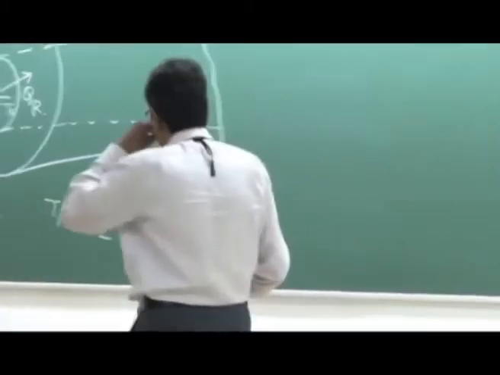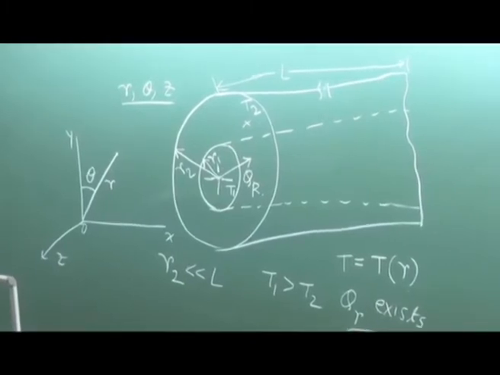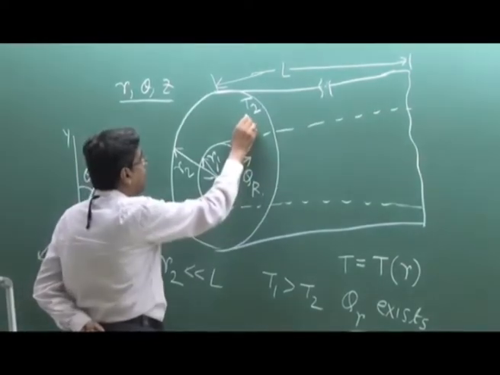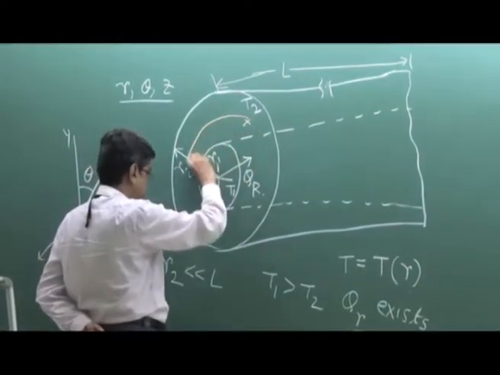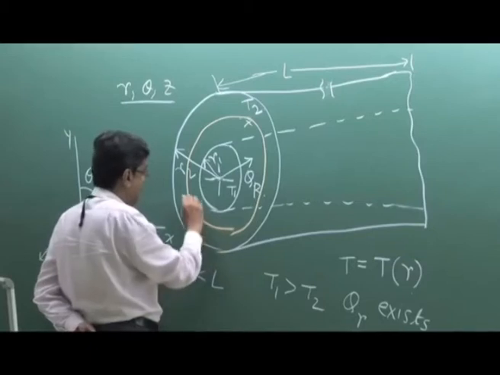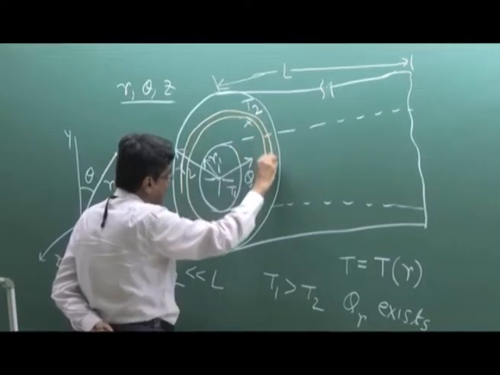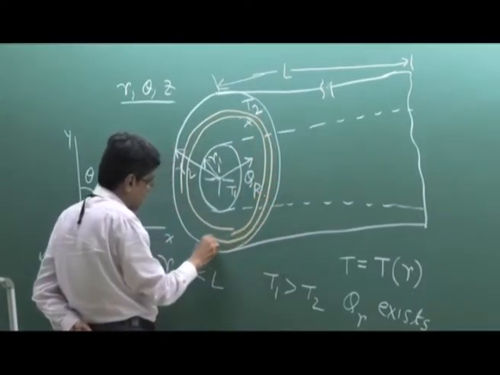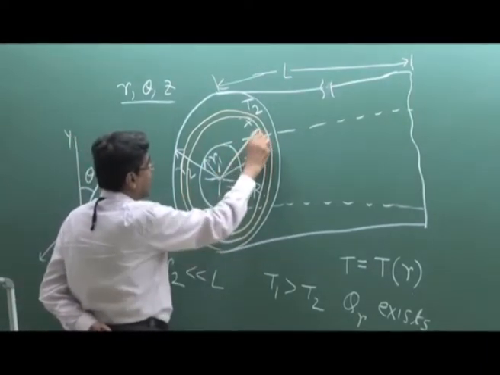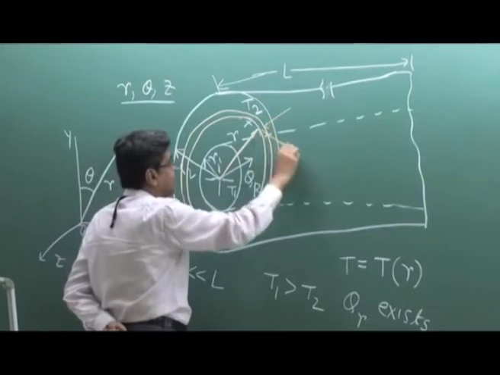How we proceed with this is that we take an annular element, a cylindrical ring like this, at an arbitrary radius r with thickness delta r.